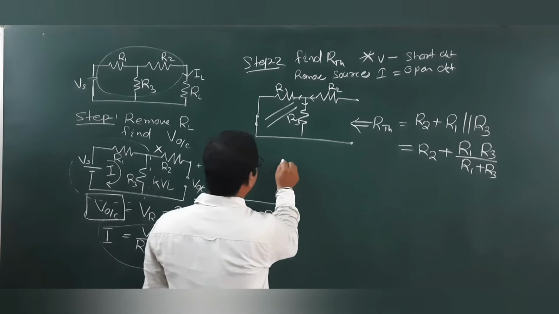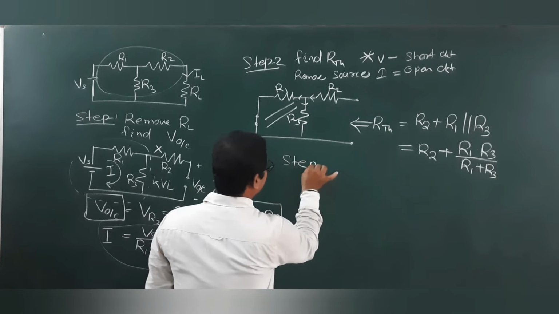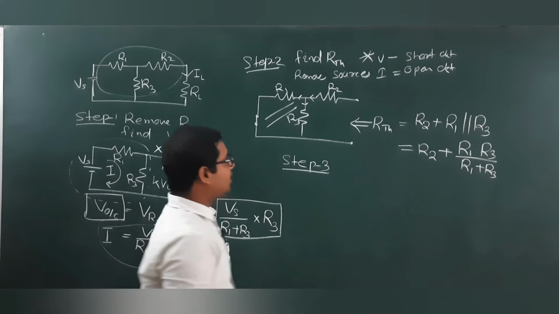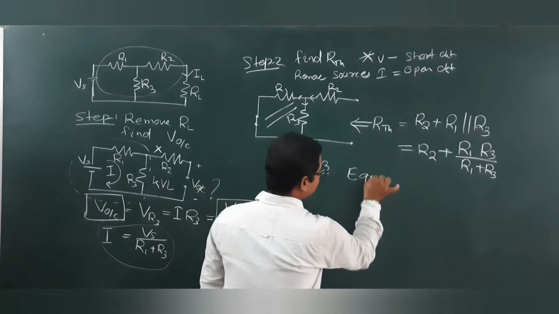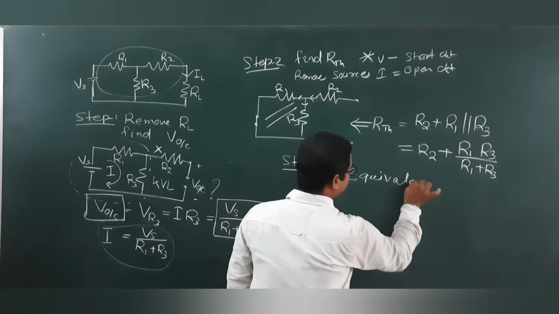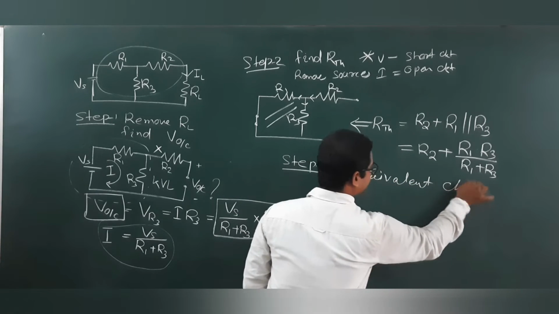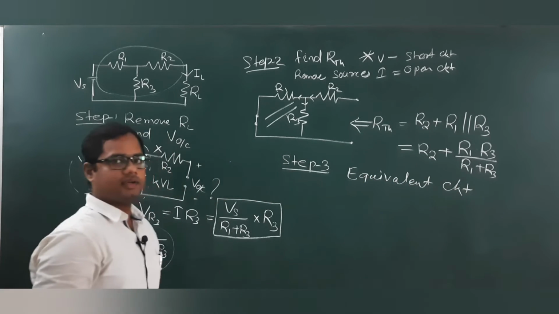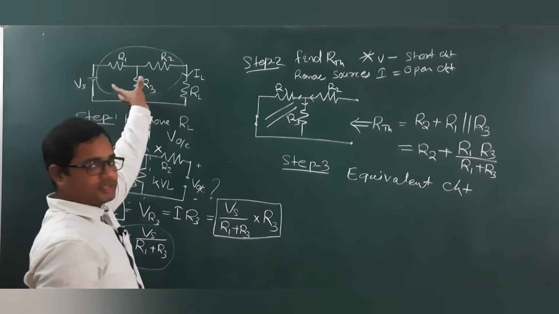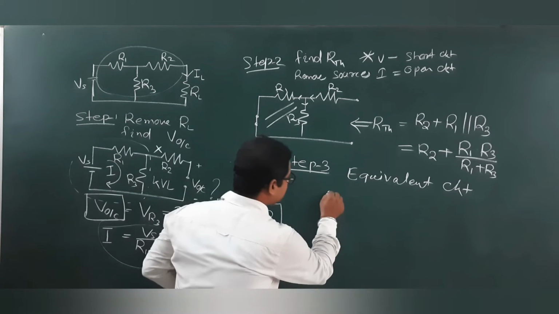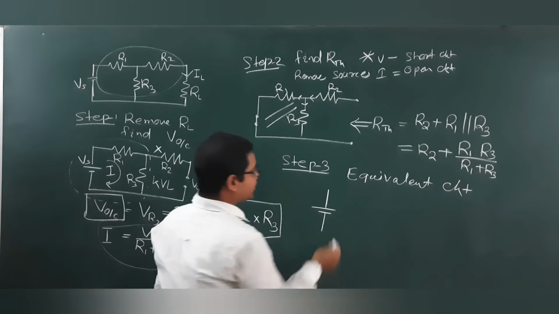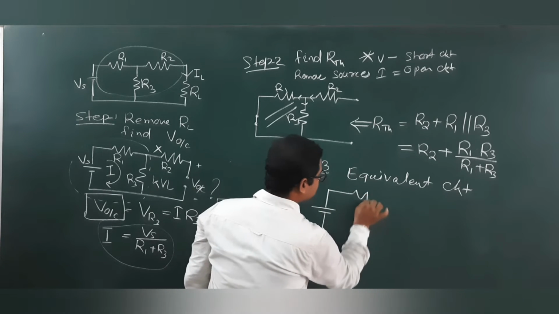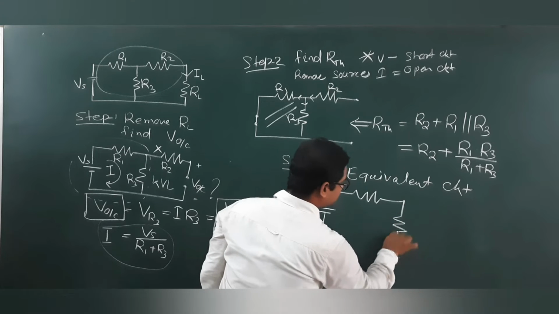Now step number 3. In step number 3, you have to draw your equivalent circuit, that is, Thevenin's equivalent circuit. Here the source voltage will be there along with the equivalent resistance. Sorry, this is the open circuit voltage, and this is the resistance.